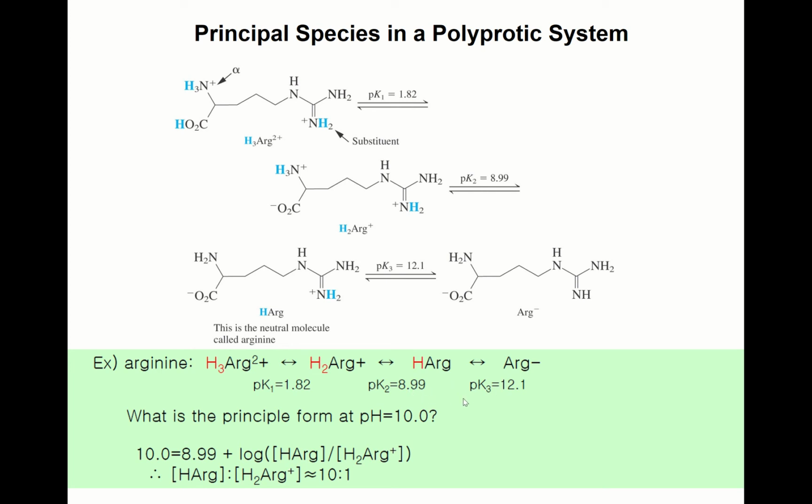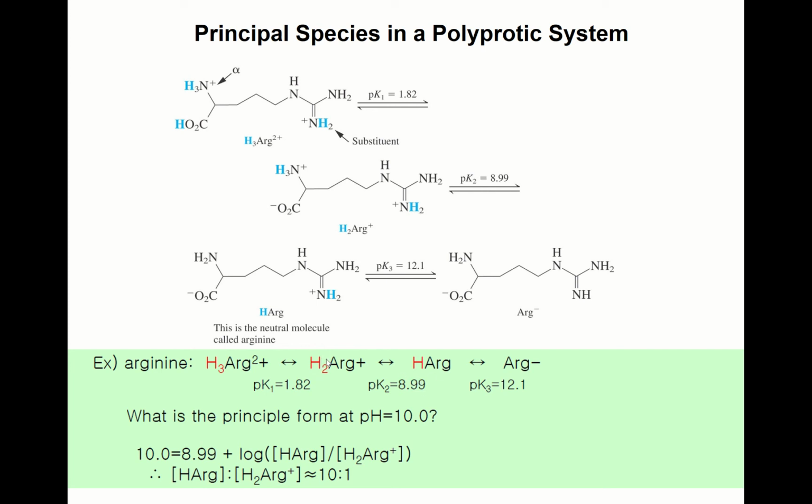So which species are involved? This one and this one. 10 equals 8.99 plus log of what? 10 is between these two, so these two species are involved: monoprotonated arginine divided by diprotonated arginine. In this case, of course not that one, this one and this one.